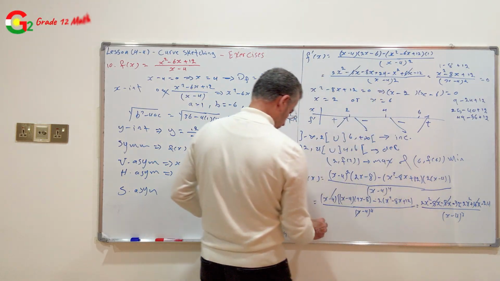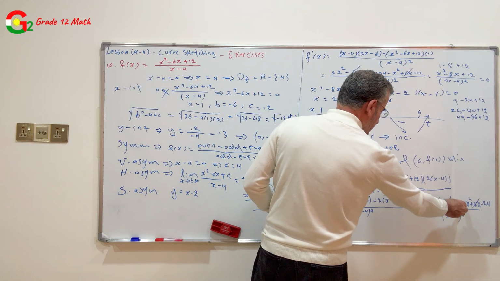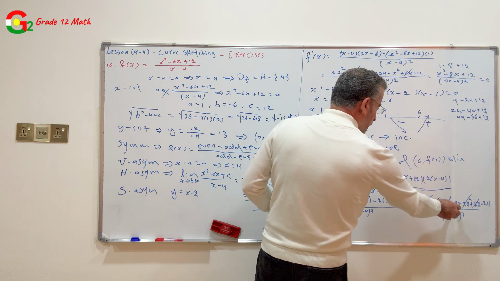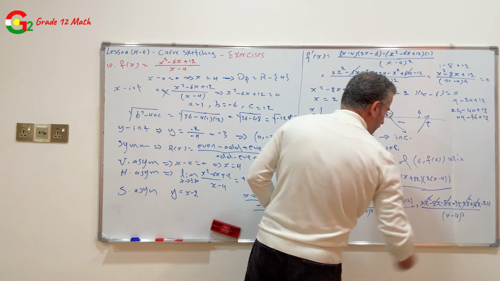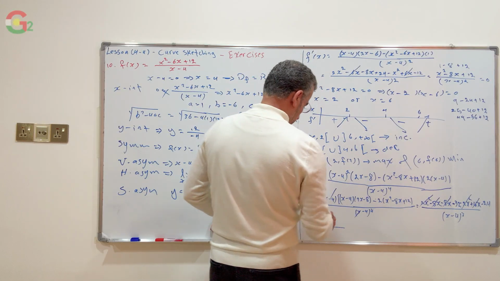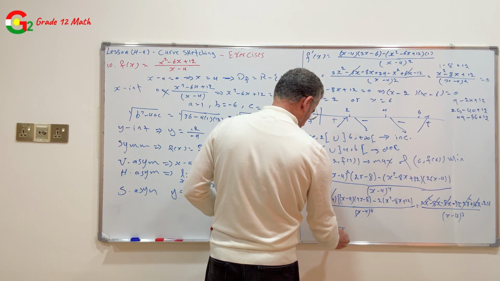Therefore, 2x power 2 minus 2x power 2 is also 0. 32 minus 24 is 8, so the second derivative is 8 over (x minus 4) power 3.